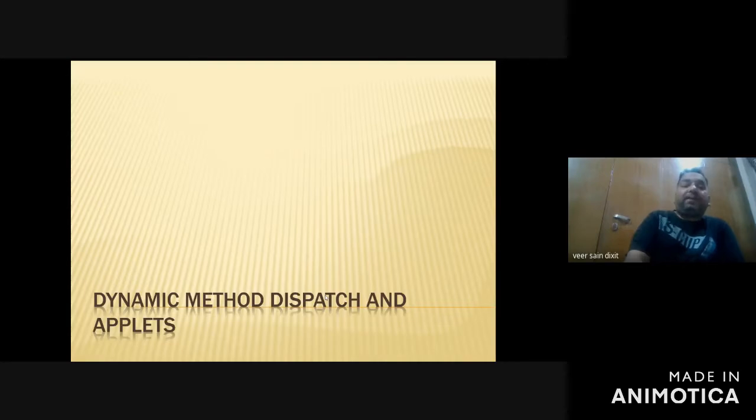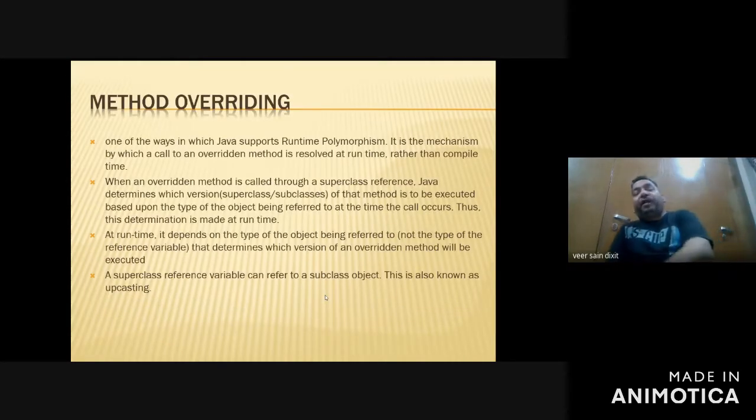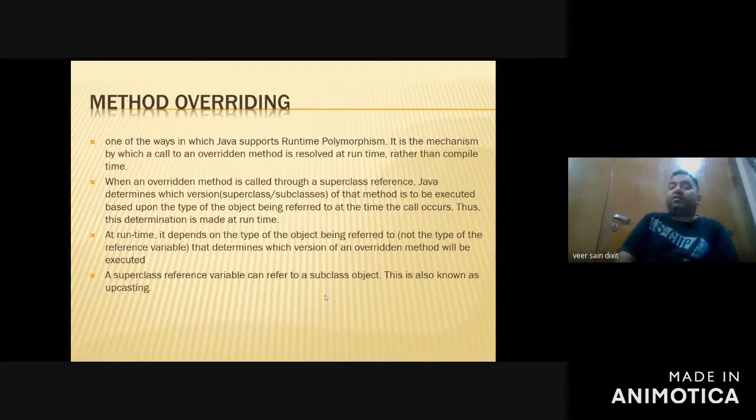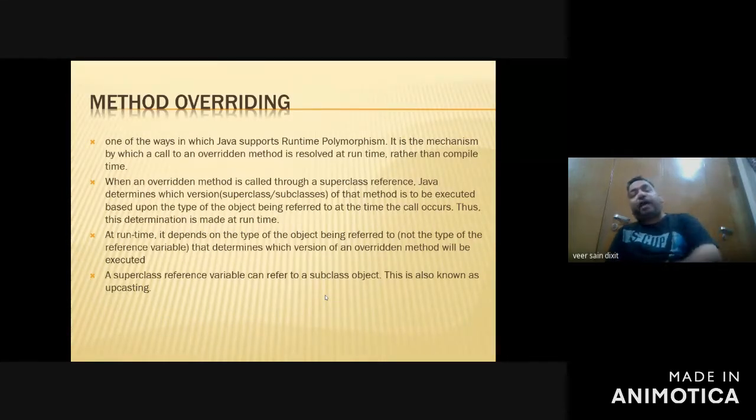So let's see. Method overriding is one of the ways in which Java supports runtime polymorphism. It is the mechanism by which a call to an overridden method is resolved at runtime rather than compile time. When an overridden method is called through a superclass reference, Java determines which version, superclass or subclass, of that method is to be executed based upon the type of object being referred to at the time the call occurs.